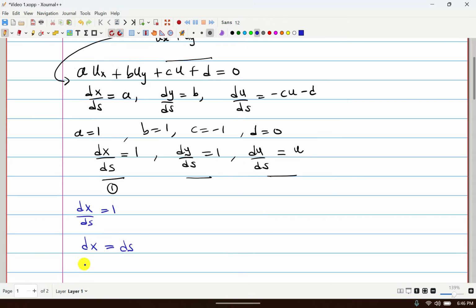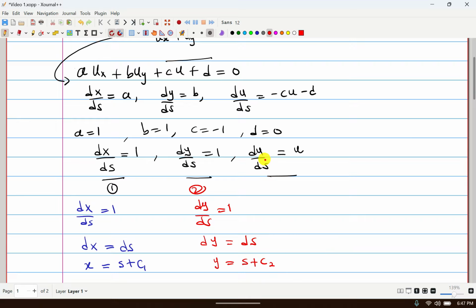You integrate both sides to get x equal to s plus some constant c1. On the other side, I'm going to solve with red. So this one is 2, dy/ds is equal to 1. Doing a similar thing, and when you integrate both sides, you have y equal to s plus some constant c2.